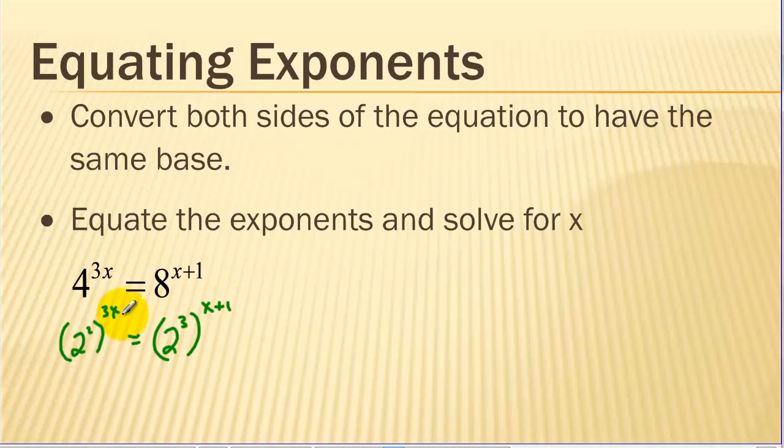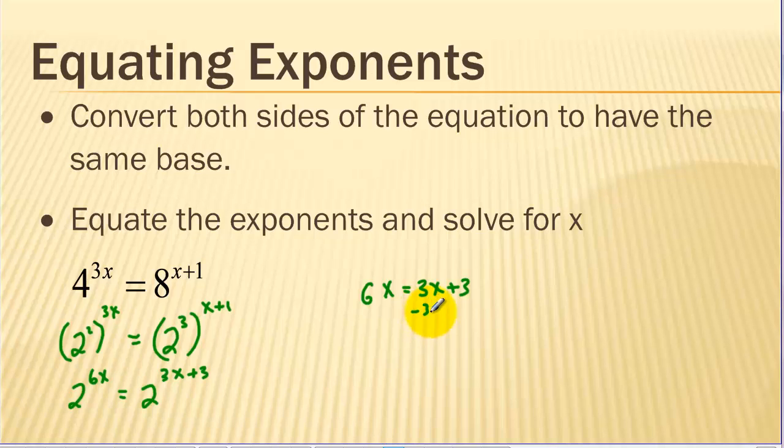Now we can use the exponent rules that we learned in our last unit, so we're going to multiply those exponents. So 2 to the 6x equals, and here we've got to multiply 3 times that whole expression. And now, if we have two things that have the same bases that are equal, then that means the exponents must be equal. So we can equate the exponents.